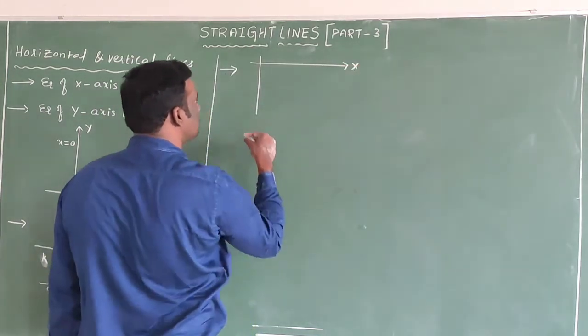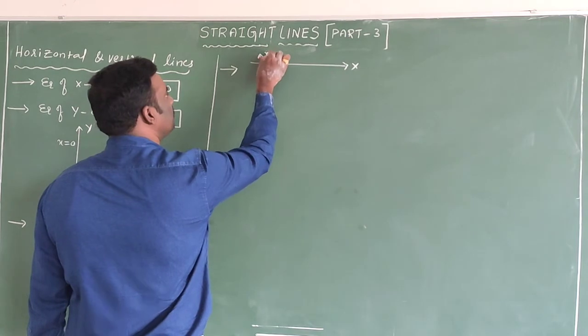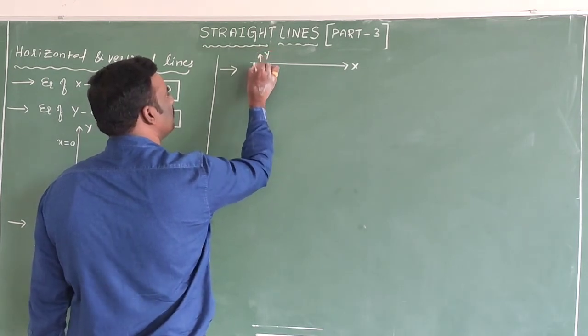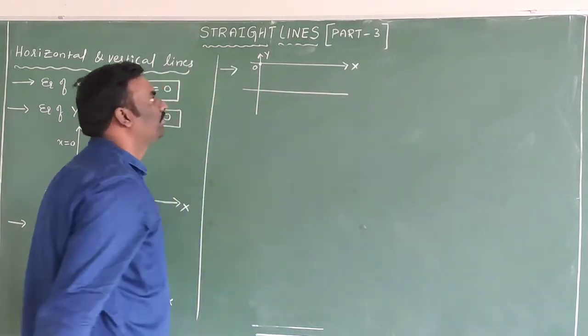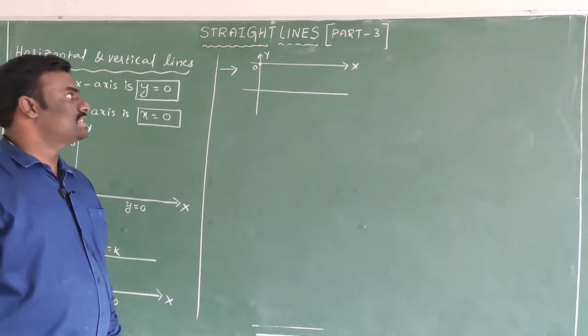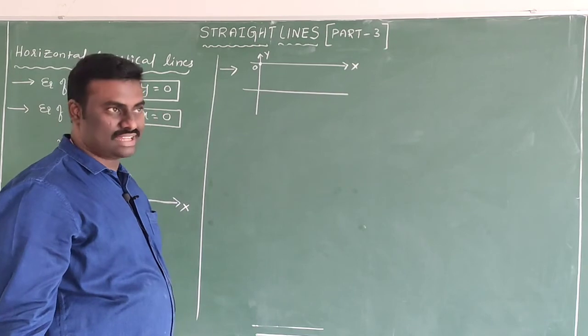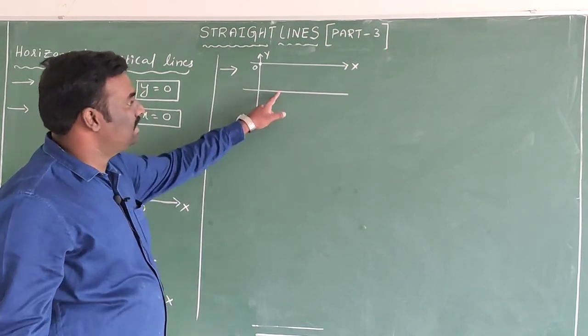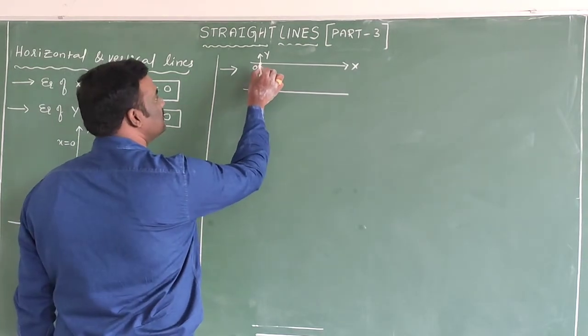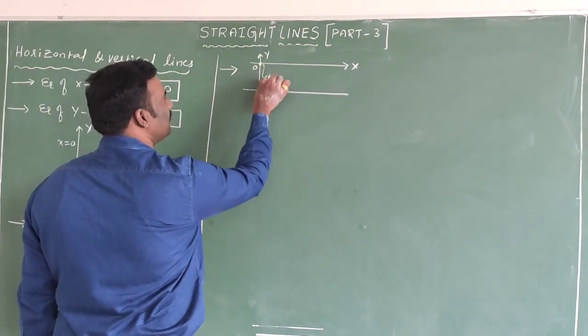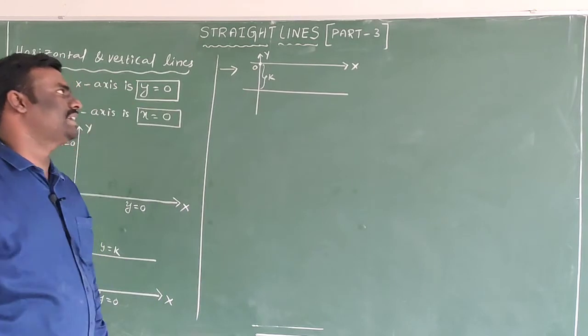This is x axis and this is y axis and it is origin. Now it is a straight line. This straight line is parallel to x axis, but here this line is below the x axis and at a distance of how many units? K units below the x axis.